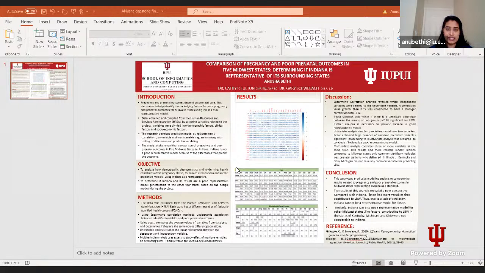Indiana had 26, Illinois had 45, Kentucky had 24, Michigan had 39, and Ohio had 51. Across all the counties, all the federally qualified health centers were taken into consideration first.